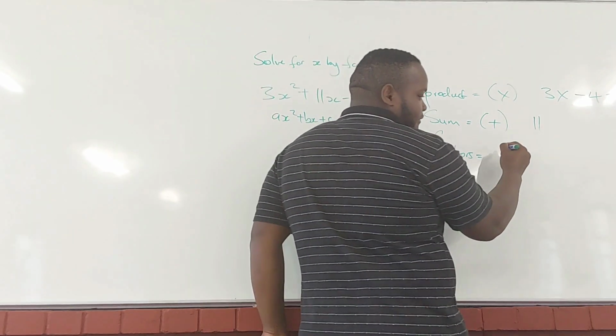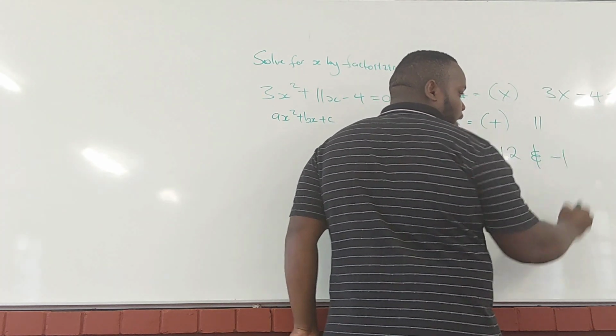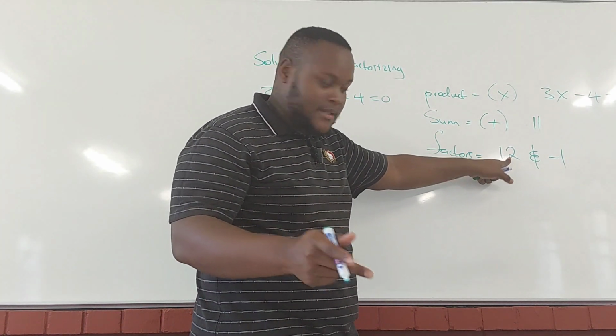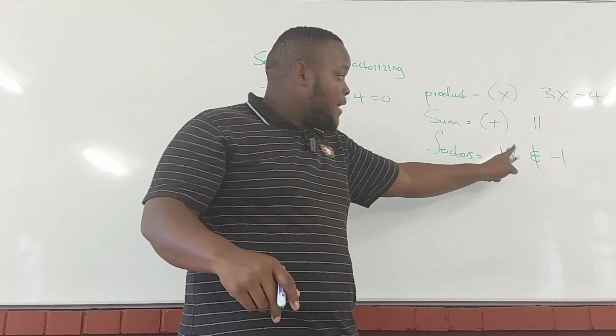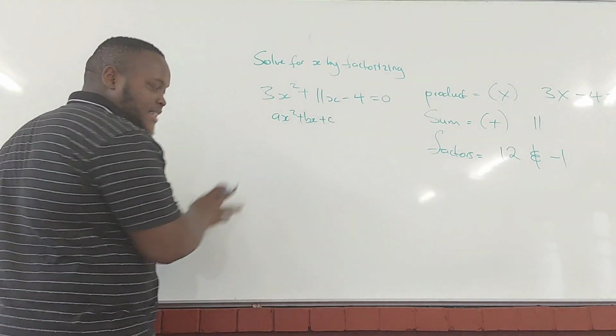So I can have 12 and -1. Why? Because 12 times -1 gives me -12, and 12 plus -1 gives me +11. So those are my factors.